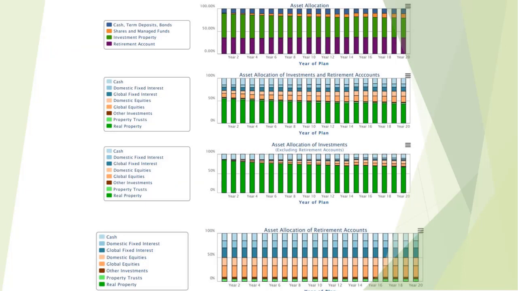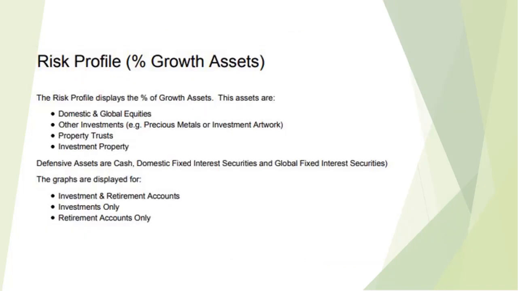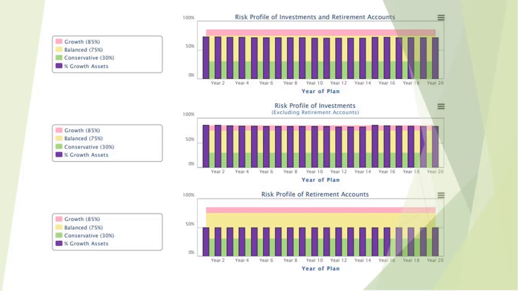The 3 graphs display the asset allocation for investments, retirement accounts, and the combined values. The investment profile is displayed only for investments excluding retirement accounts. This gives you a broad overview of the profile, which in this case is displaying aggressive. The percentage of growth assets are displayed for investments, retirement accounts, and combined.